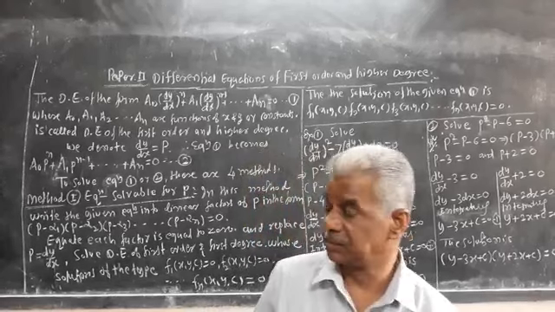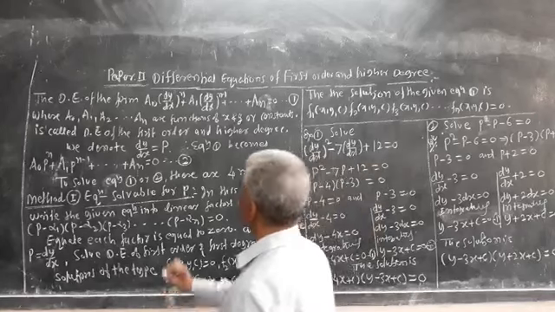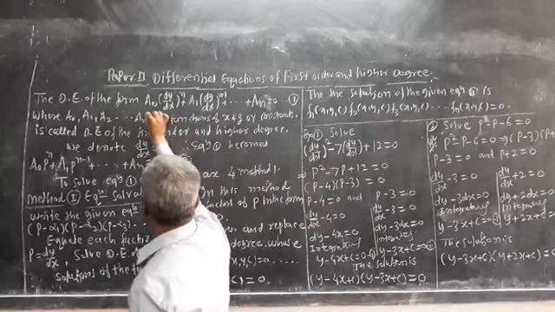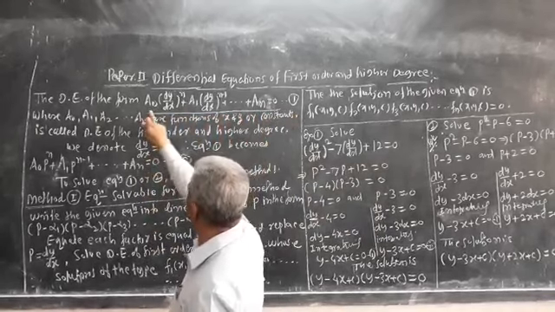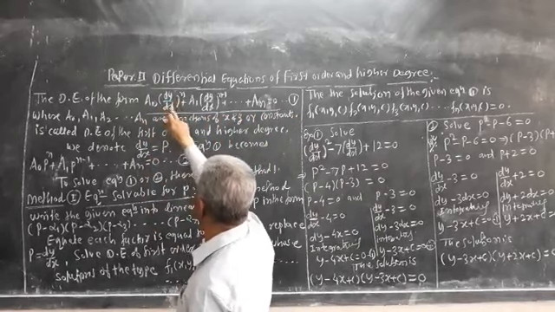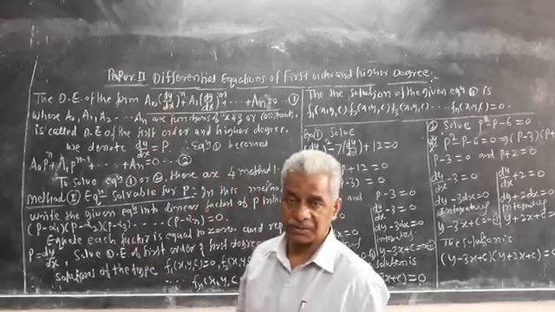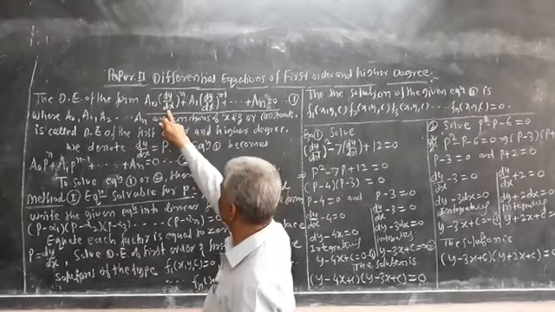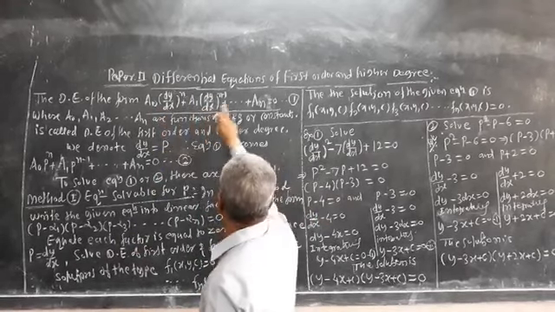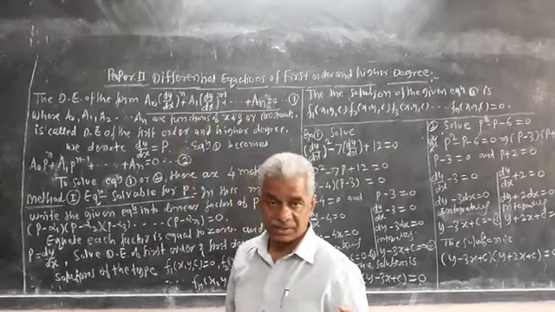For example, consider the differential equation of the form a naught dy by dx raised to the power n, and hence this equation contains the term dy by dx, which is a first order derivative.